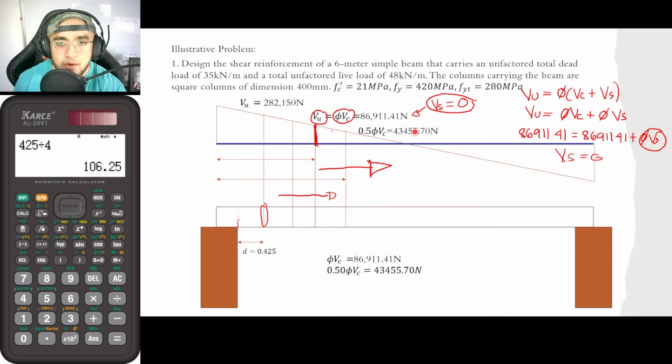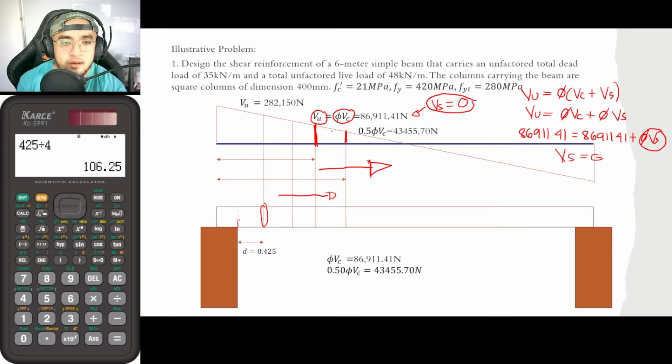Let me rephrase. Again, theoretically speaking, we do not need shear reinforcements here. However, according to the practice and according to the code itself, we can actually provide SMAX here.